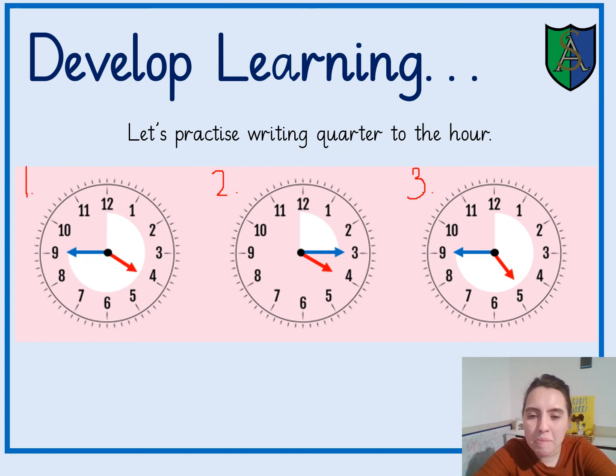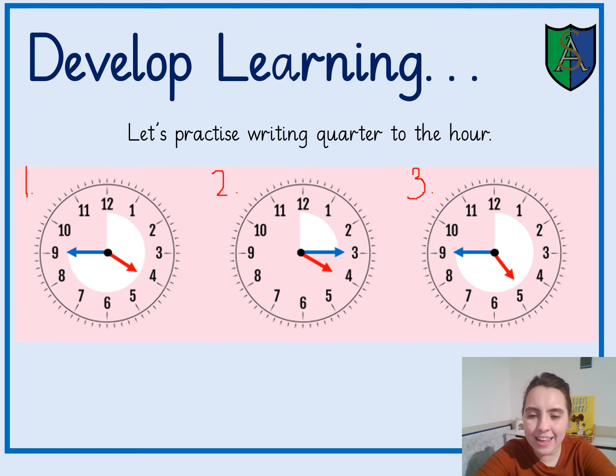Let's look at number 3 then. We can see that number 3 is 3/4 of the way around the clock, and we can see that the minute hand is pointing at the number 9. We know that when the minute hand is pointing at the number 9, it's on the to side of the clock, isn't it? So we say that this is quarter to the hour.